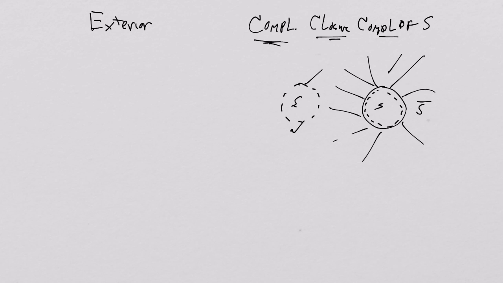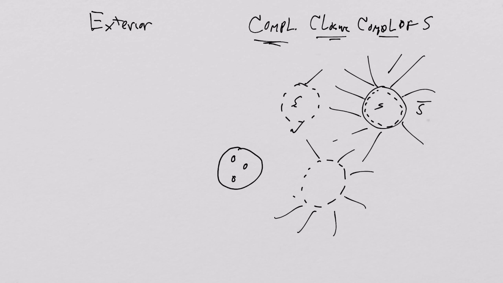But if you took a set that was not, maybe you took a more tricky set, right? Take a set that actually includes its boundary and is missing a couple points. Well, the complement of that is now the set that looks like this, and has those points in it, right? So that's the complement.